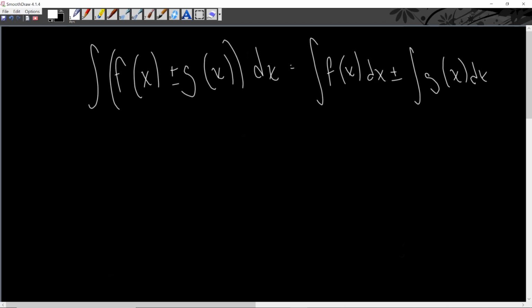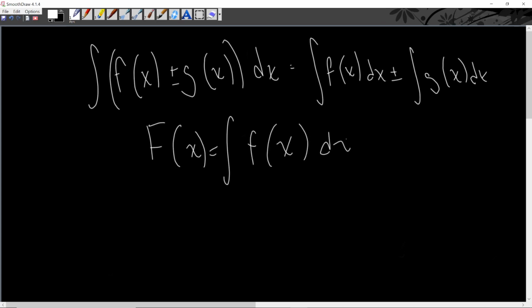This is relatively similar to the sum rule of derivatives. You can split two separate functions if, well, a derivative is a sum of two functions, and it seems relatively intuitive, but let's use our actual knowledge. We said that big F of x is supposed to be the integral of f of x dx, right?